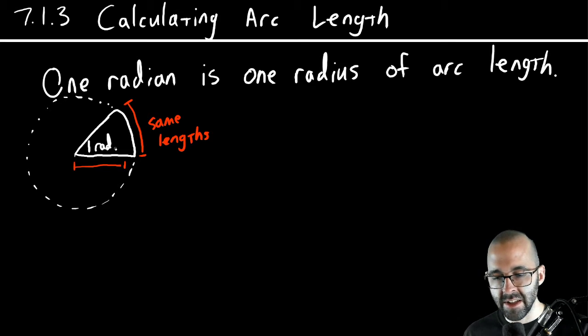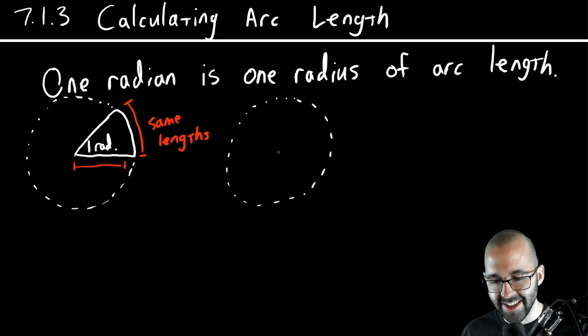So again, similarly, if we had 2 radians, it would look something like this.